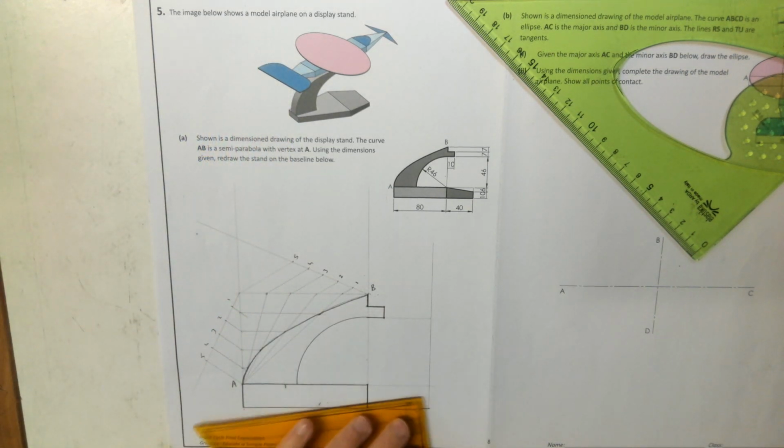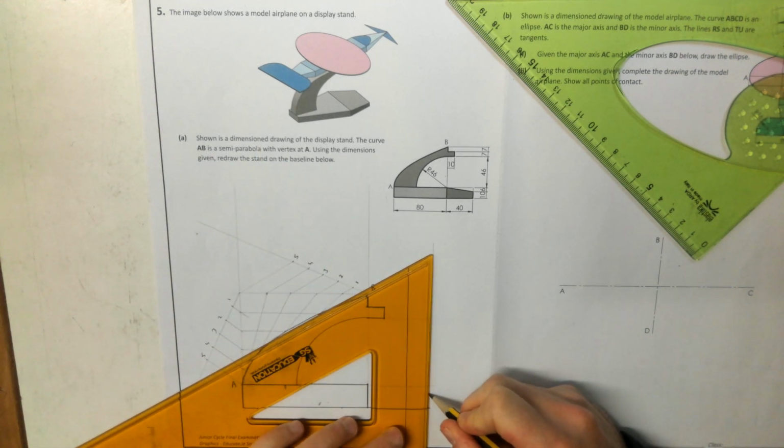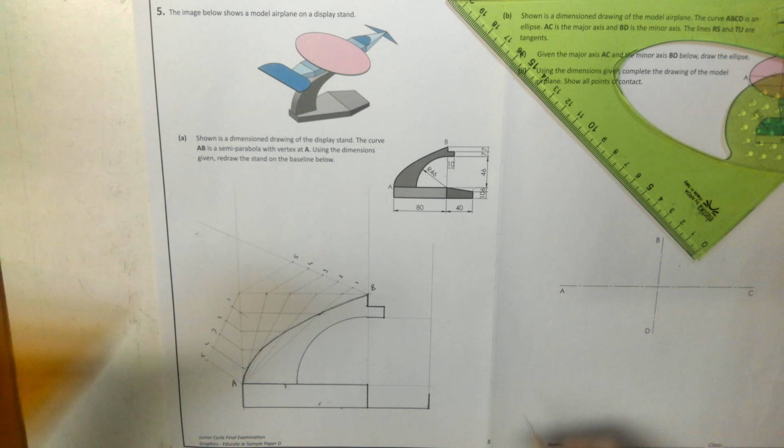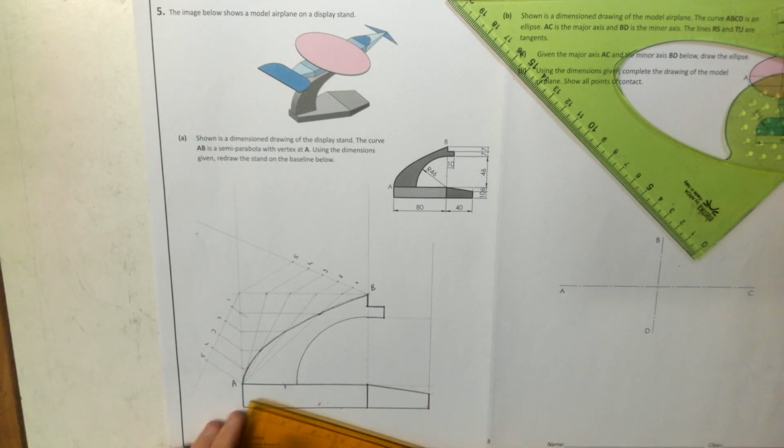And then I go up 10 here, and then join that sloping line back to that corner there. And that completes part A.